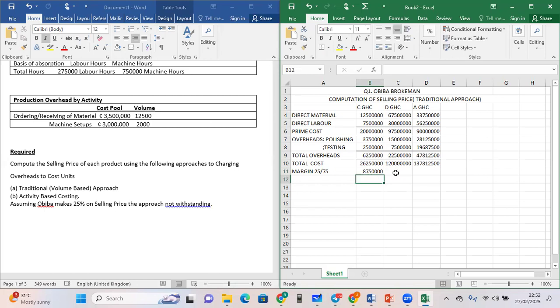That's it here. Then this one is equal to 25 over 75 times this one. That's it here. Right, so that's automatically done.